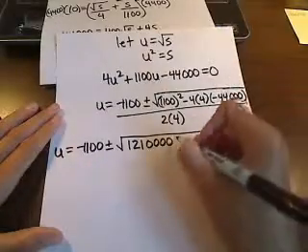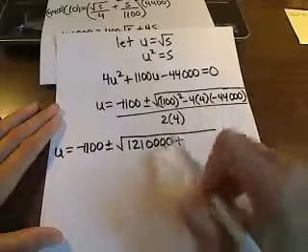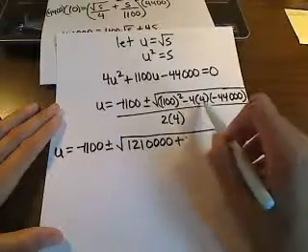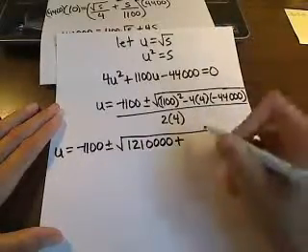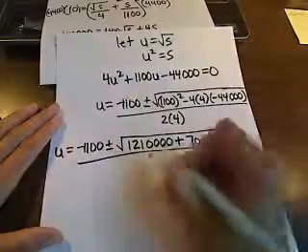And then here, you have a negative and a negative, so it's going to be positive. And when you multiply the 4 and the 44,000, you're going to get 704,000. Okay, big numbers, but we can use our calculator.